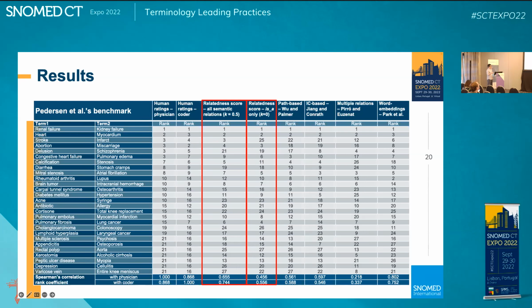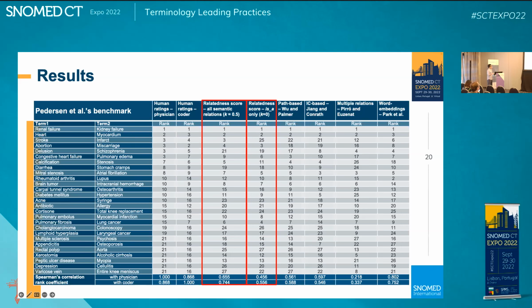And we compared the performance of our approach to other similarity or relatedness measures: the path-based measure by Wu and Palmer, the IC-based measures by Jiang and Conrath, and the multiple-relations measure by Pedersen, which were introduced before. Those metrics got a lower correlation coefficient than our methods.